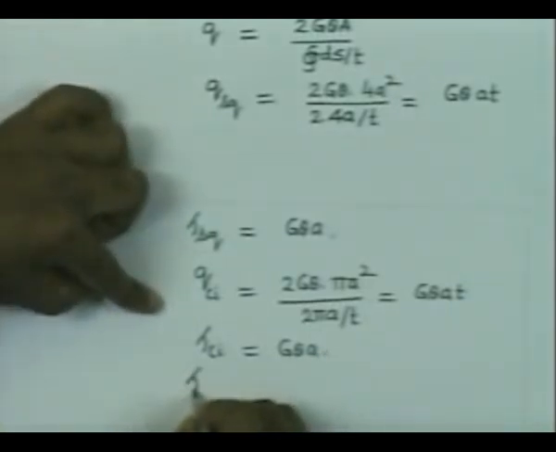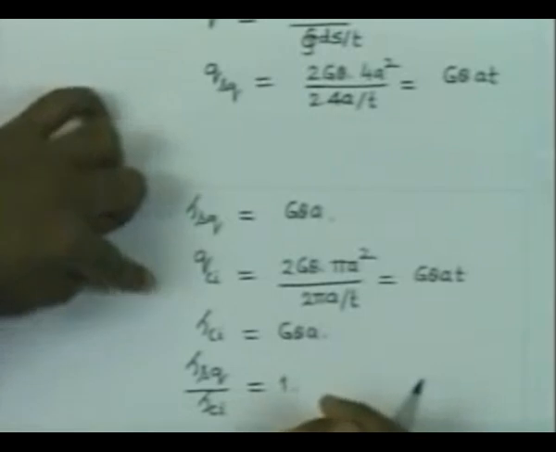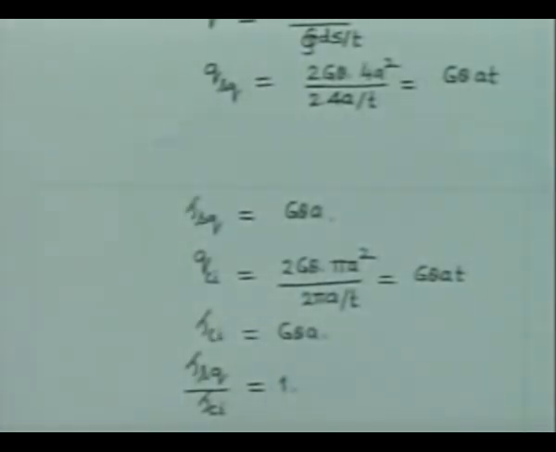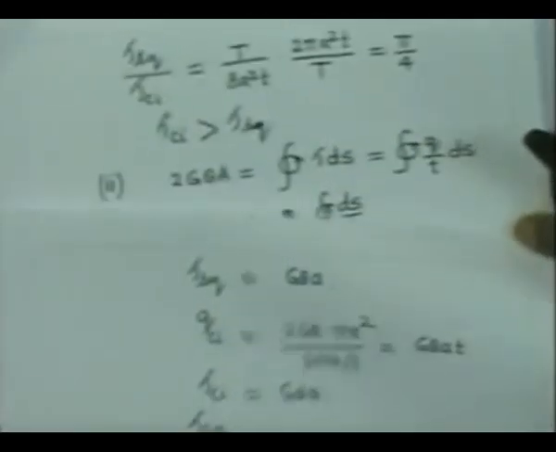Hence, the ratio tau square by tau circle is equal to unity. So, for the same angle of twist, you find that the stresses in the two sections are going to be the same, whereas in the case of same torque, we have seen that the stress in the circle is going to be higher.